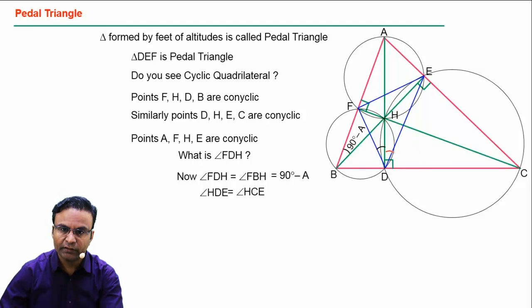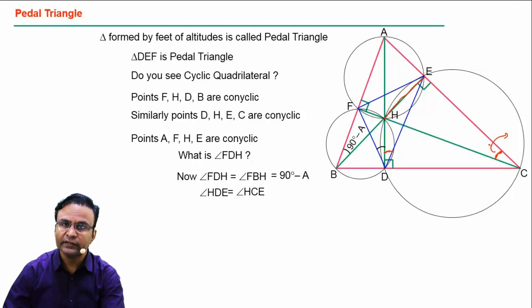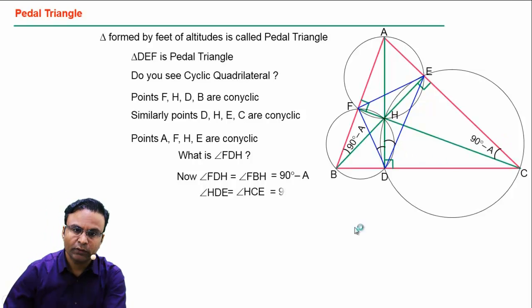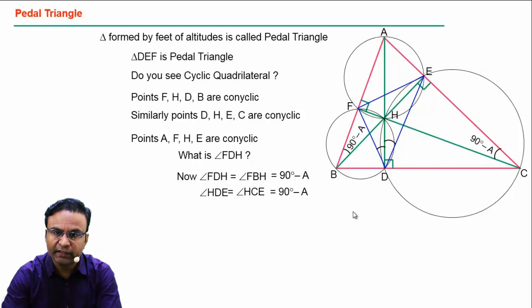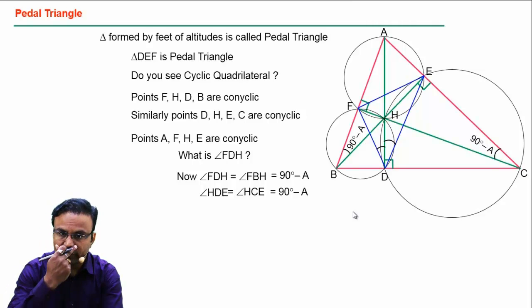We can see that this angle and this angle are same because these angles are subtended by chord HE at different points of the same circle. Now what is this angle? This angle is 90 minus A. So this angle is also 90 minus A. So we have angle HCE is equal to angle HDE is equal to 90 minus A.